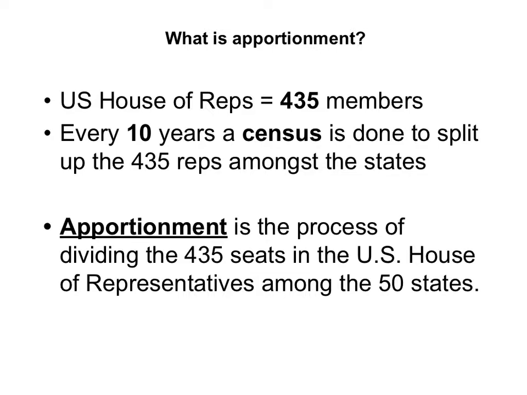If more people are moving to Illinois, Illinois would have more Congress people. The last time the census was done, Illinois actually lost 2 members in Congress. So apportionment is a process of dividing the 435 seats in the U.S. House of Representatives among the 50 states.